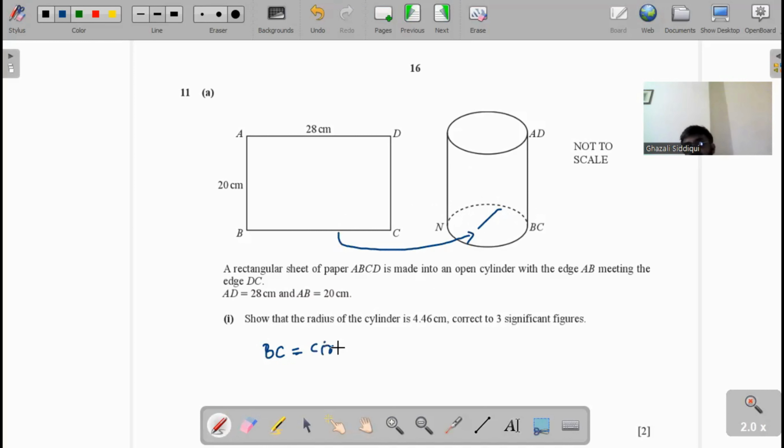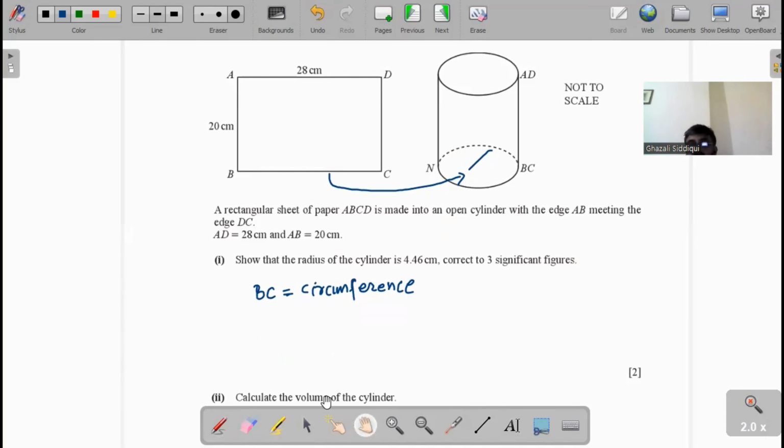Now, the circumference of circle, that value will be equal to 2 pi r. Here, circumference length is given 28 centimeter because this is the length of BC, and that is equal to this.